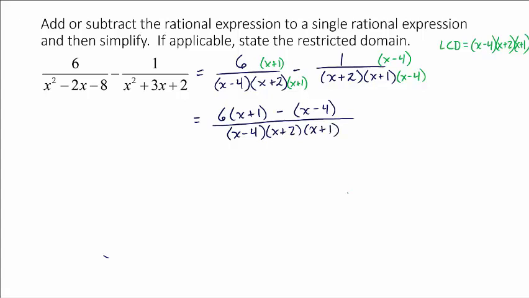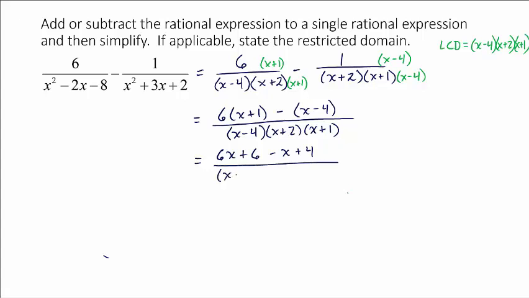All right, so now the task is to simplify the numerator. Again, you can't cancel any of those factors yet because you're subtracting those two numerators, the 6 times x plus 1 minus x minus 4. All right, so let's do some simplification in the numerator first. 6x plus 6 minus x plus 4, right? So I distributed the 6 through and I distributed the negative 1 through.